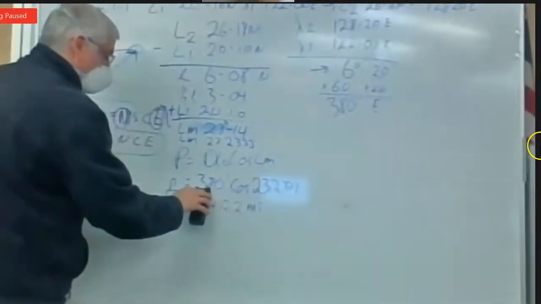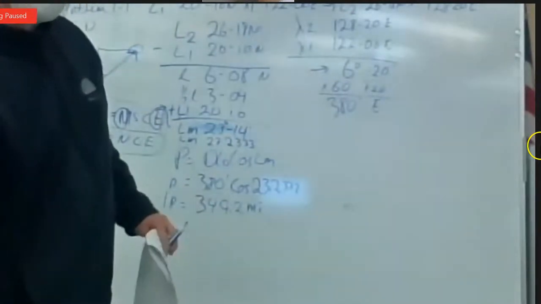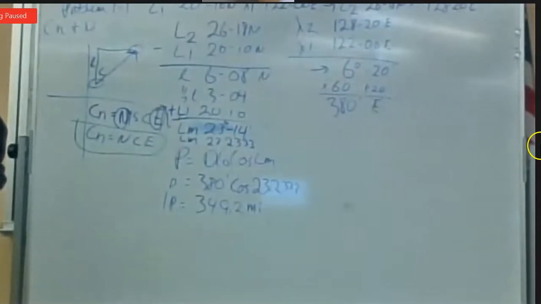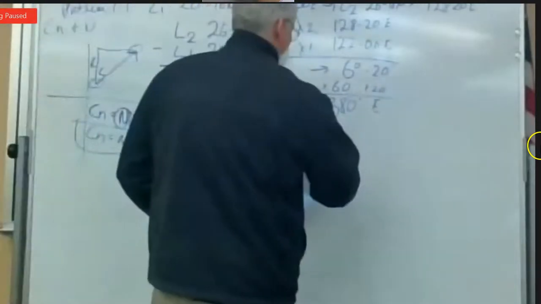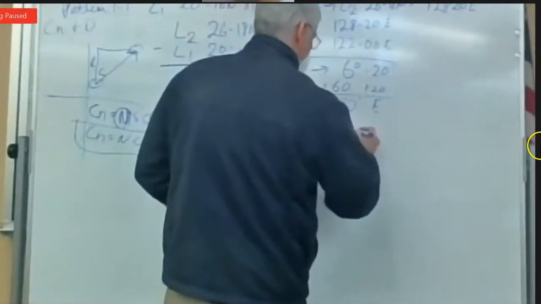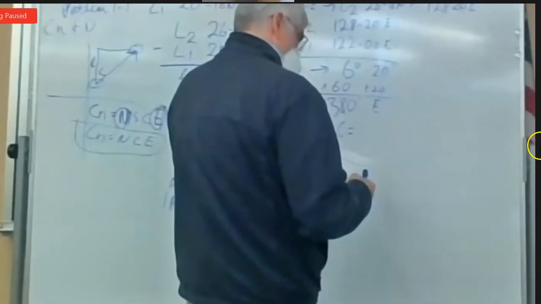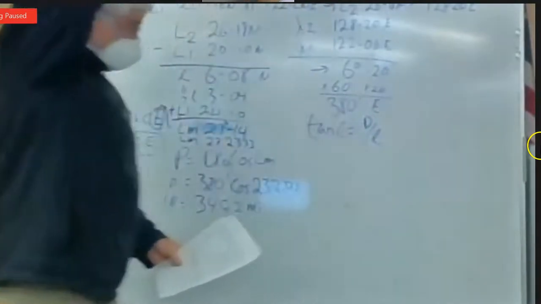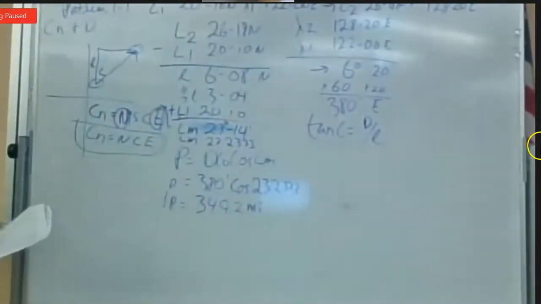That's P. What's the next formula? tan C equals P over L. So what are we calculating now? Now we're calculating the course.